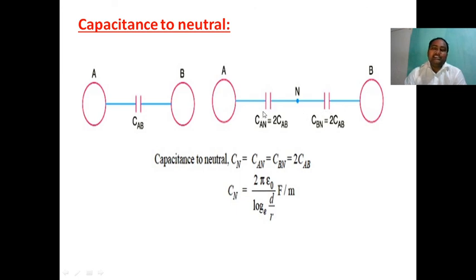So the capacitance exists in between two conductors. Another important point: in every calculation of capacitance, you must keep in mind that the potential difference always opposes the electric field intensity. Thank you.